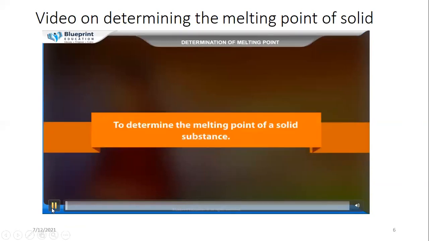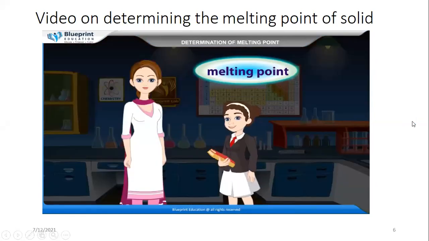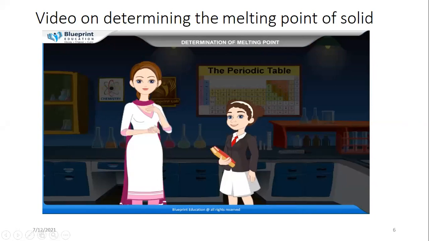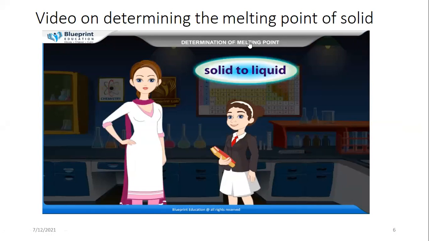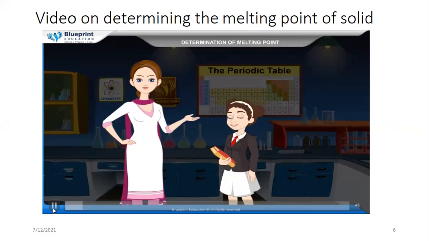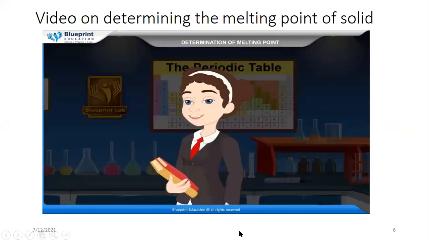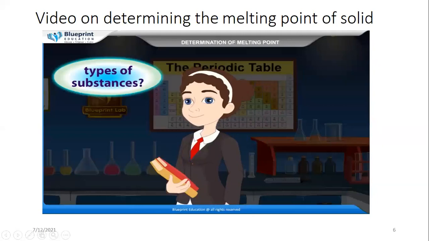Determine the melting point of a solid substance. The melting point of a substance is defined as the temperature at which the substance changes from solid to liquid state. At this temperature, both the phases, solid and liquid, are in equilibrium. Does the melting point is same for all types of substances?